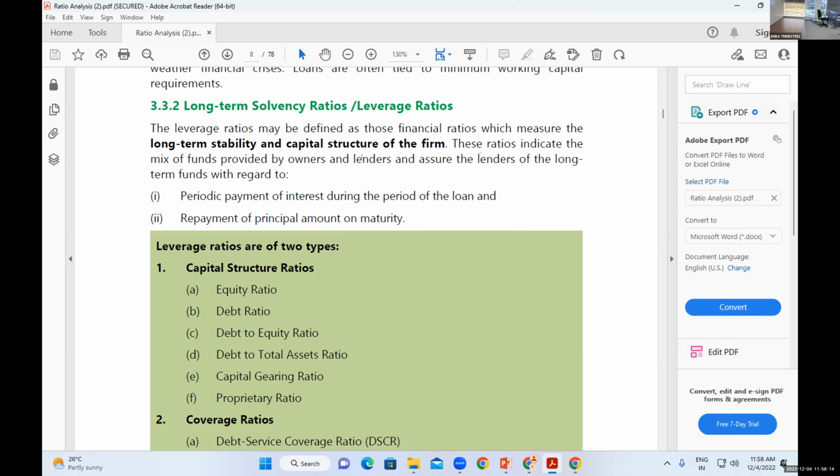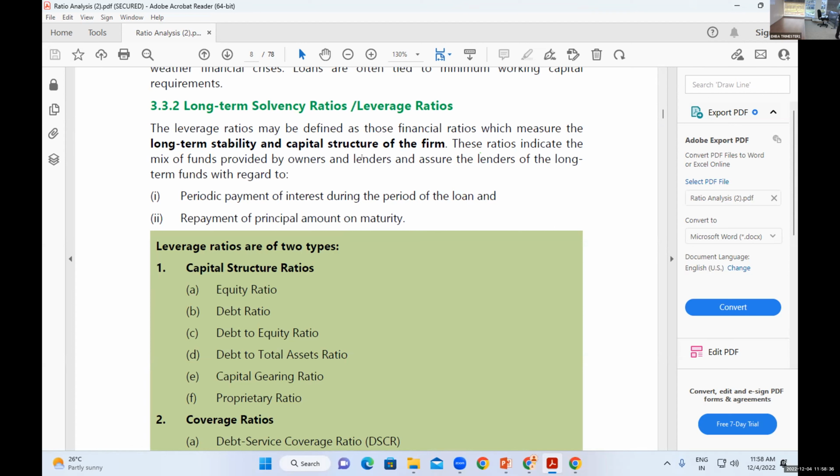Next, long-term solvency. Who will worry about this? The bank that is going to give you a term loan, a long-term loan, and those who are going to buy your debentures. They worry about both short-term solvency, because of regular interest payments.